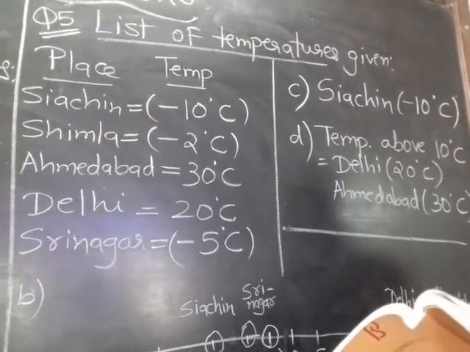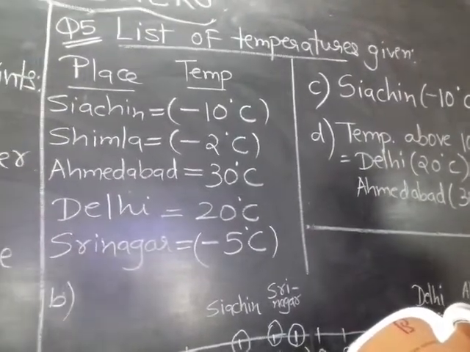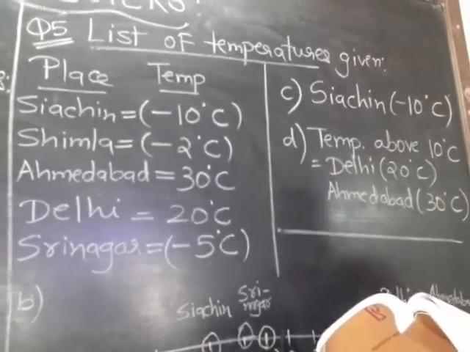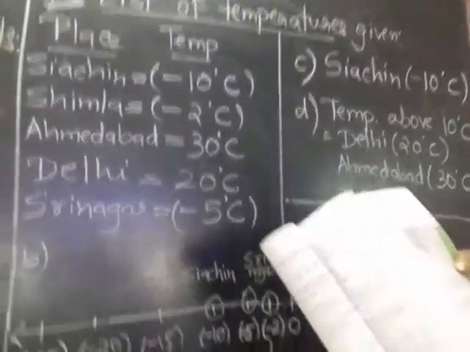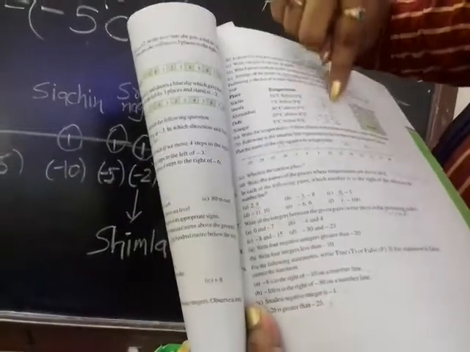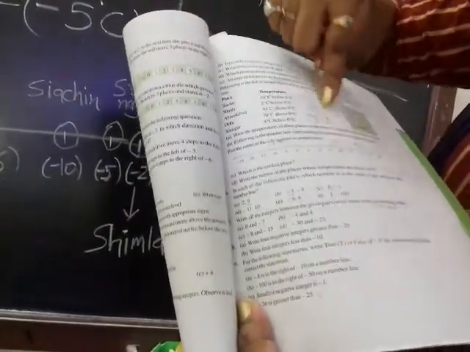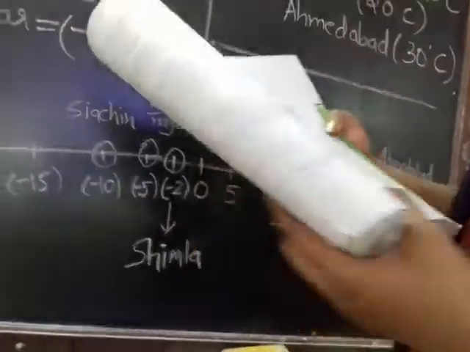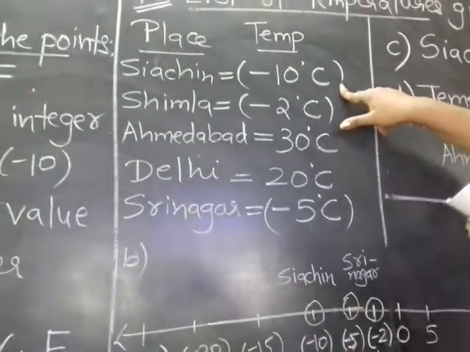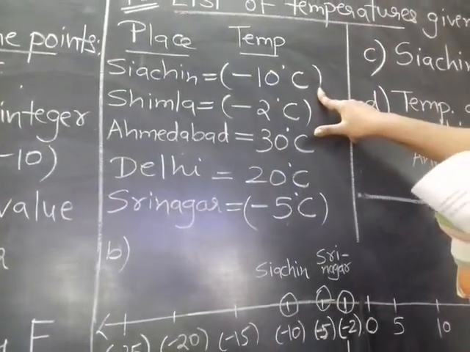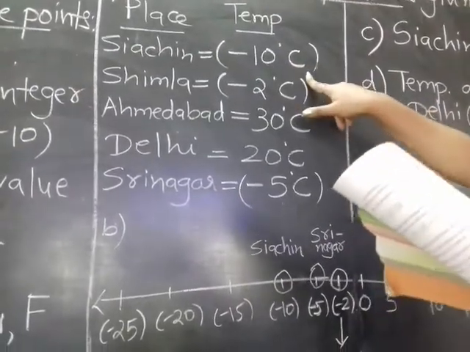Now the question starts. A, write the temperature of these places in the form of integers in the blank column. You can see they had given a blank column here where we have to write these numbers, but as I am not having much space, I had not written this. So starting with A, Siachen is 10 degree below 0 degree Celsius, so -10 degree.